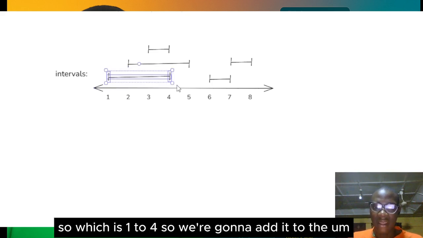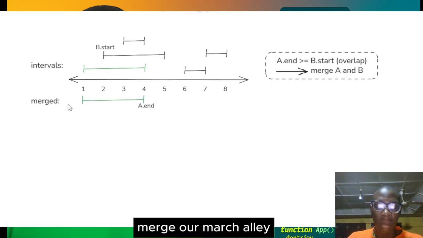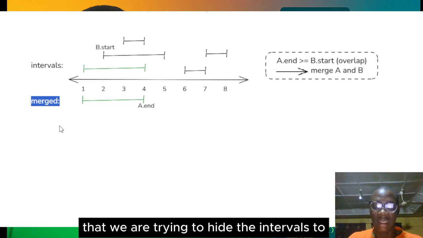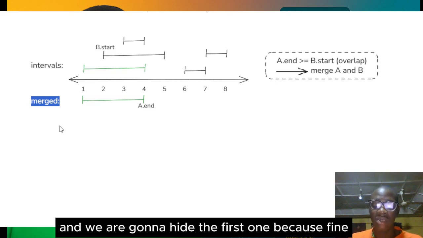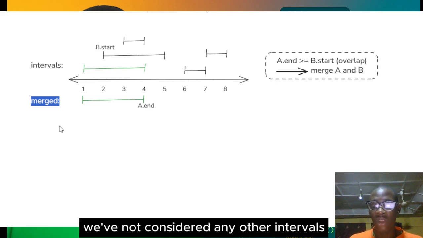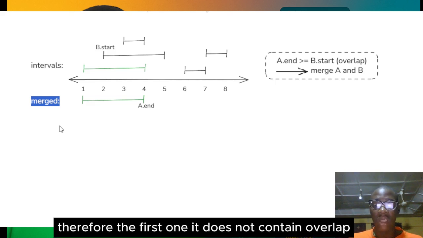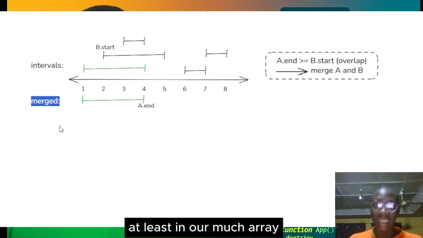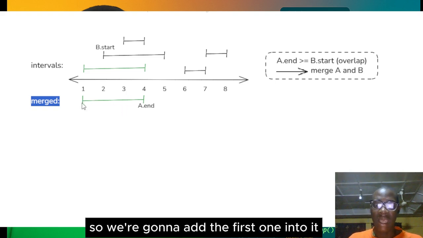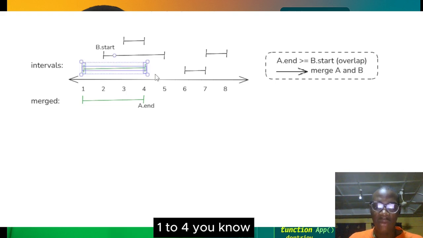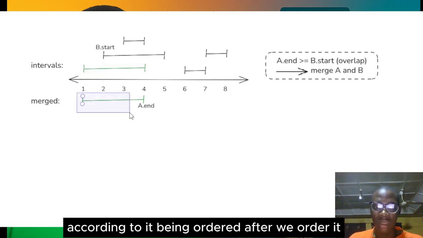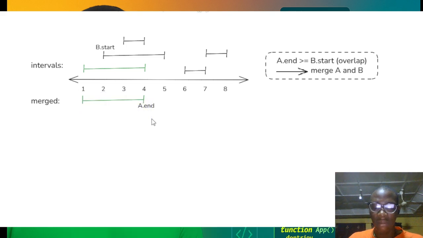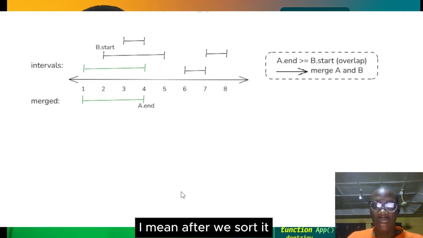So we're gonna add it to the merge array that we are trying to add the intervals to. We are gonna add the first one because we've not considered any other intervals, therefore the first one does not contain overlap. Our merge array is still empty, so we add the first one into it, and this is the first one right here, 1 to 4, according to it being ordered after we sort it.